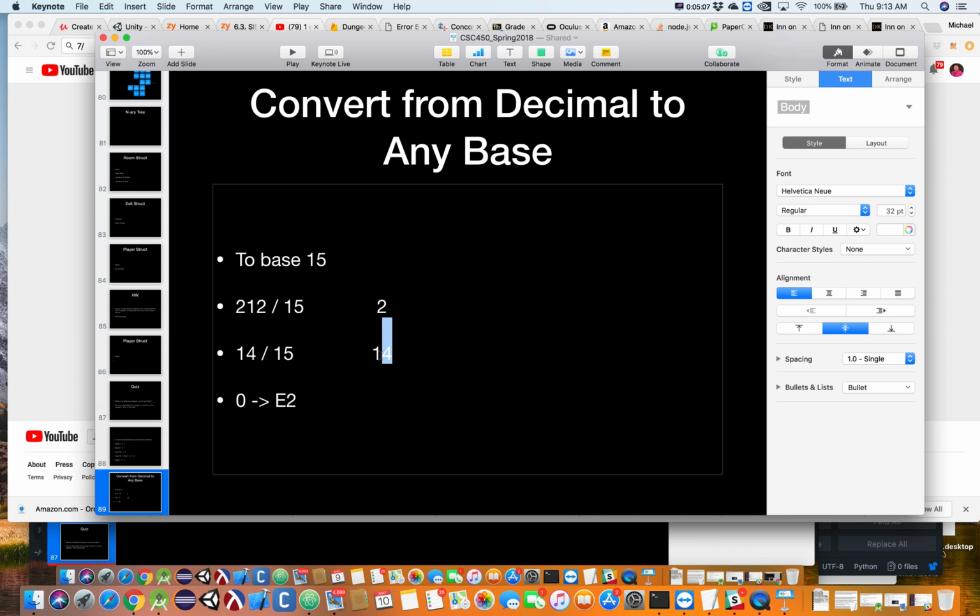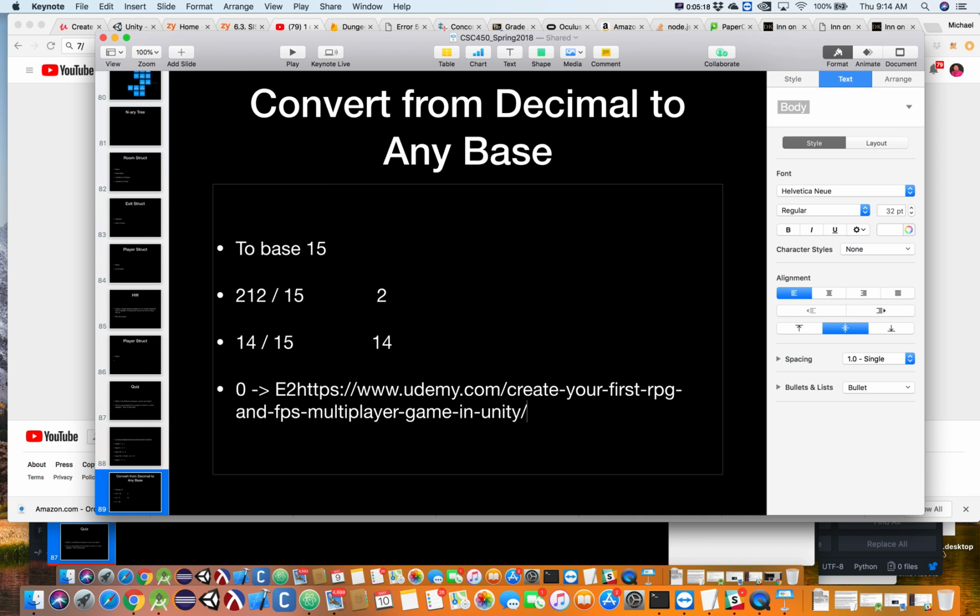We read it from bottom up instead of top down. That's how we get our answer. So that's E2. Make sense? All right, if I just copy this, let's stick with your same favorite number, but let's go to base, you want to do base 8? Sure.